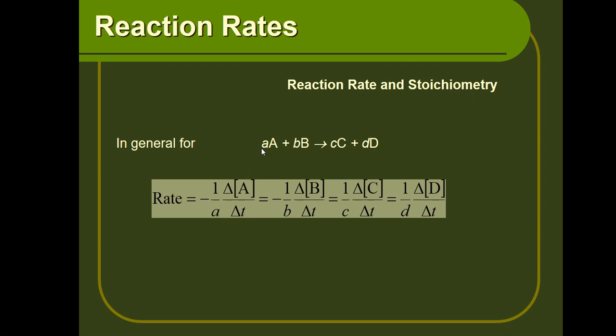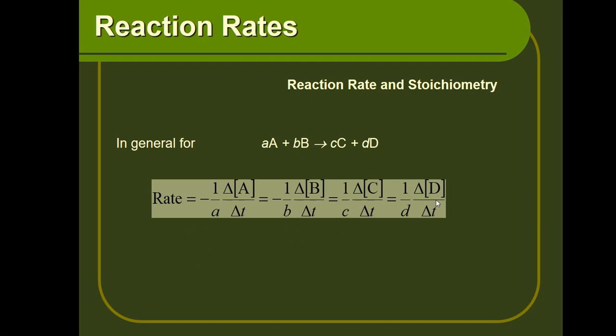So it would be the small letter a. The rate of B is divided by the coefficient of B in the given reaction, so it's b. The same applies for the product C and for the product D. The only thing that is different here, again, just like in the beginning part of this slide, is that when we use reactants, we have the negative sign before the rates.